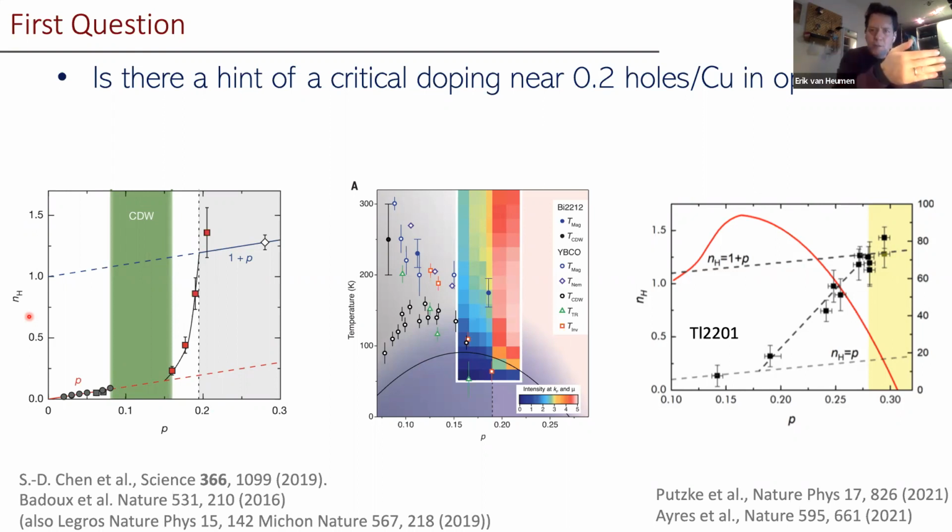Then you get a Lorentz force, and you measure the voltage that develops perpendicular to the direction in which you are applying the current. That transversal voltage you can translate into a Hall resistivity, and the Hall resistivity is proportional to 1 over the carrier density in a very naive, simple picture.